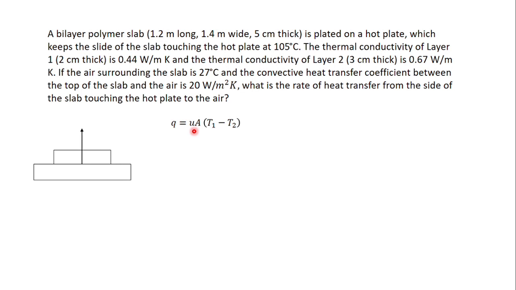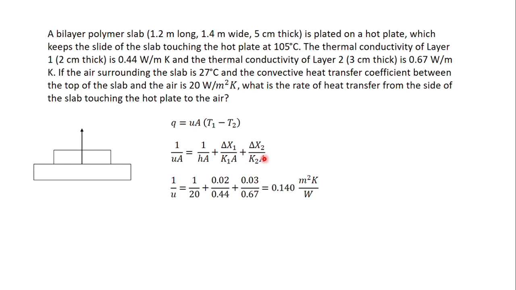So the formula becomes: 1 over U multiplied by A is equal to 1 over h multiplied by A plus delta x sub 1 over k sub 1 multiplied by A plus delta x sub 2 over k sub 2 multiplied by A. So plug in the values. We have the value for h of 20. So area here will be cancelled.